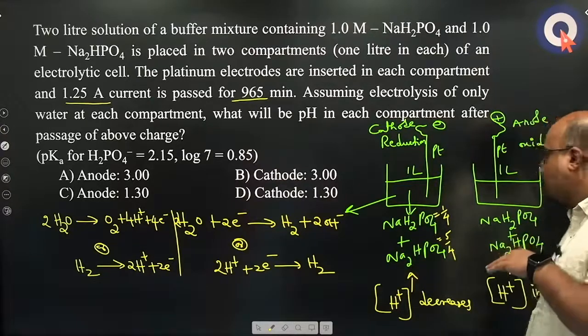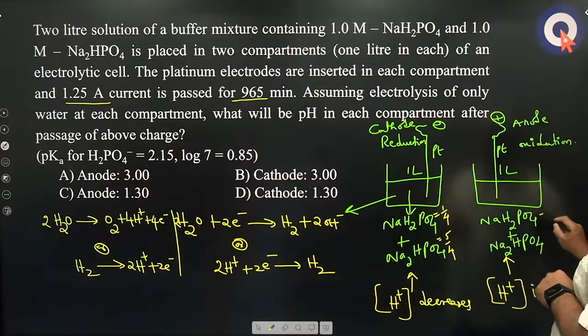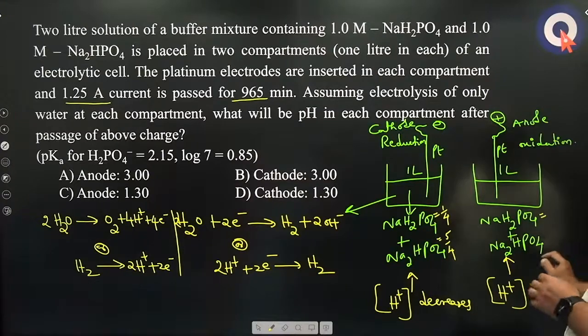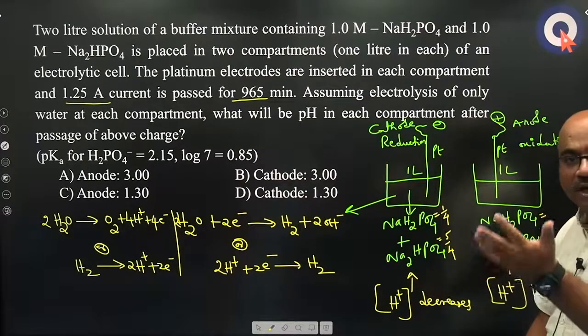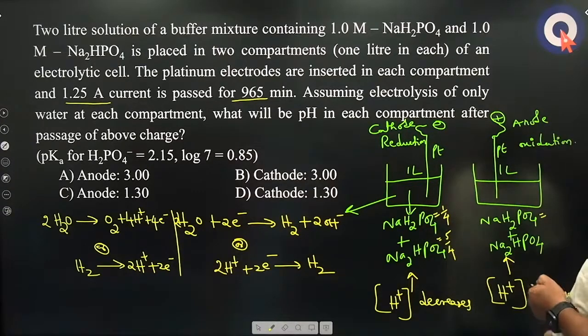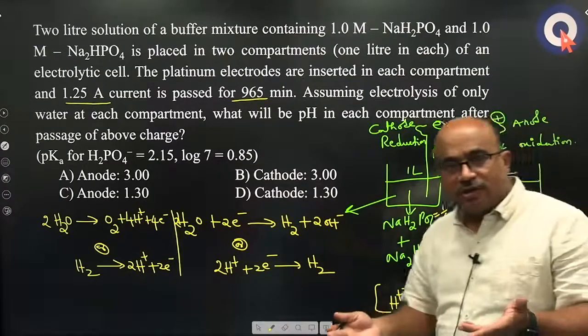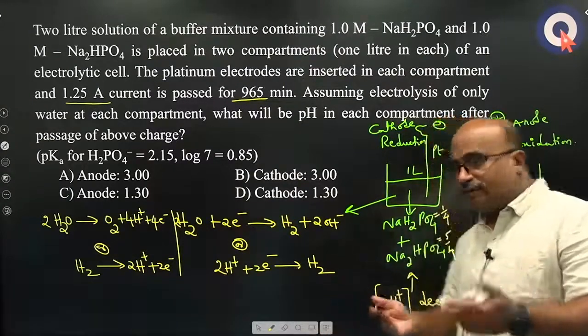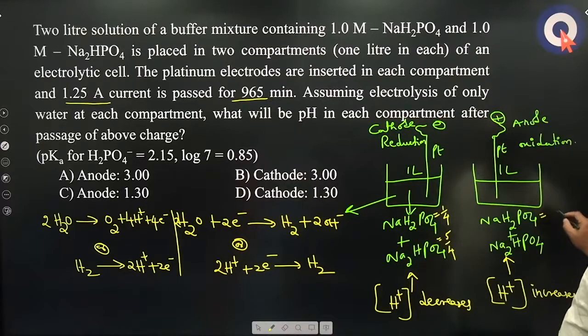Clear? In this one, the concentration should increase and this should decrease, because H plus is coming, it will react with A minus and convert into HA. So a reverse reaction takes place, because the same current is passed into both cells. So here it becomes 5 by 4, this becomes 1 by 4.